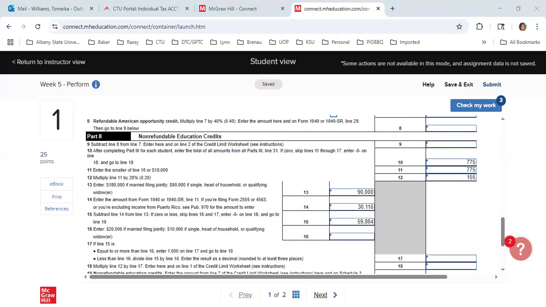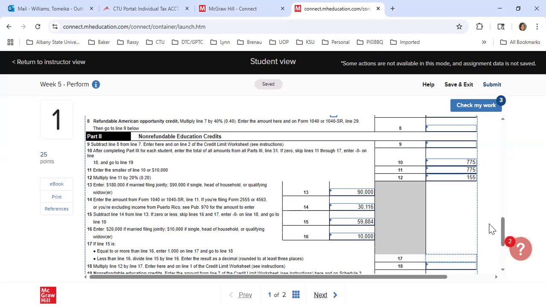All right, very good. So now we're going to go to line 16, which says enter 20,000 if married filing jointly, 10,000 if single, and all the other statuses. So we're going to enter 10,000 here on line 16. Line 17 says that if line 15 is equal to or more than line 16, enter 1 on line 17.